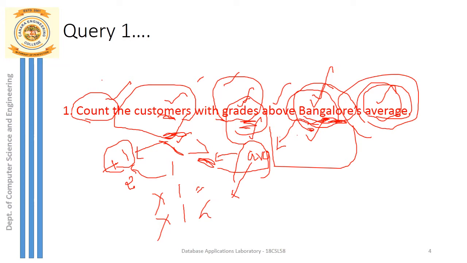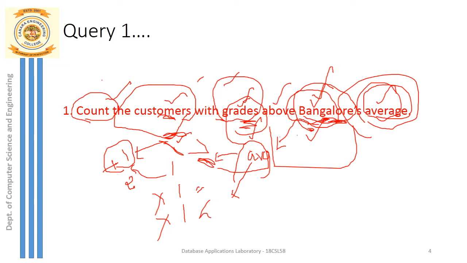So likewise it goes on. Suppose you find any customer whose grade is equal to the average grade, in that case you don't have to increment the counter value. Suppose I have a customer whose grade is less than the average grade that you have just calculated, in that case also you don't have to increment the counter.